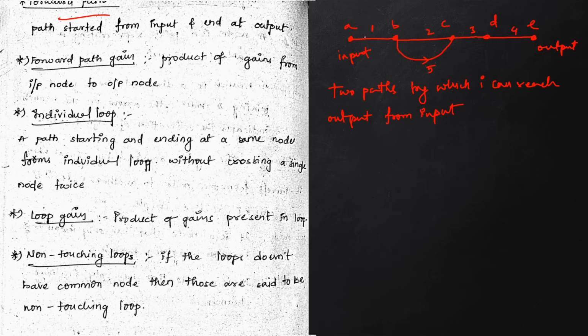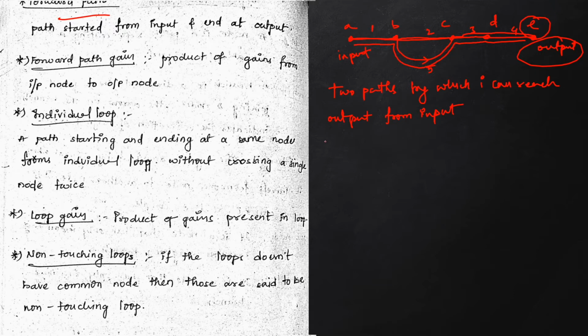If I travel from A to B, B to C, C to D, D to E, this way I can reach the output node E. Also, if I travel from A to B, B to C like this, and C to D, D to E, in this case also I am able to reach the output. So this is nothing but a forward path.